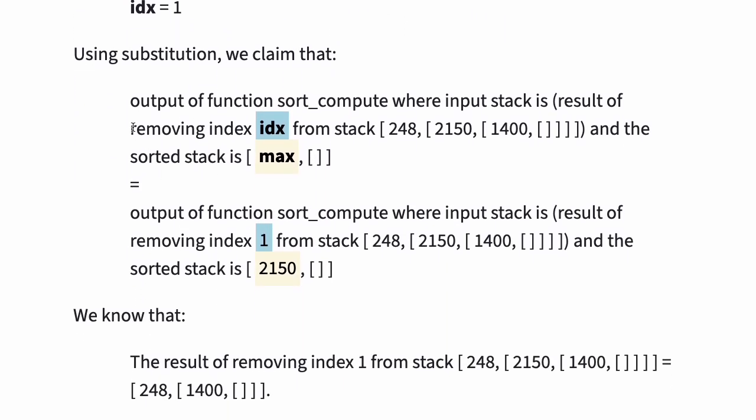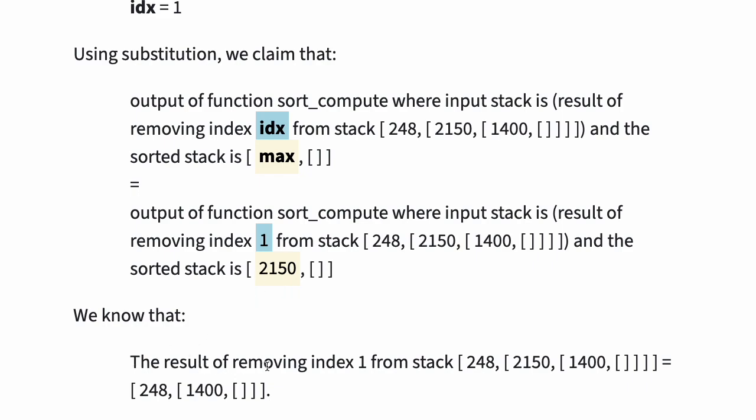Using substitution, we claim that the output of the function, where the input stack is the result of removing index IDX from the stack, and the sorted stack is stack max, is equal to the same function where IDX is replaced by 1 and max is replaced by 2150.